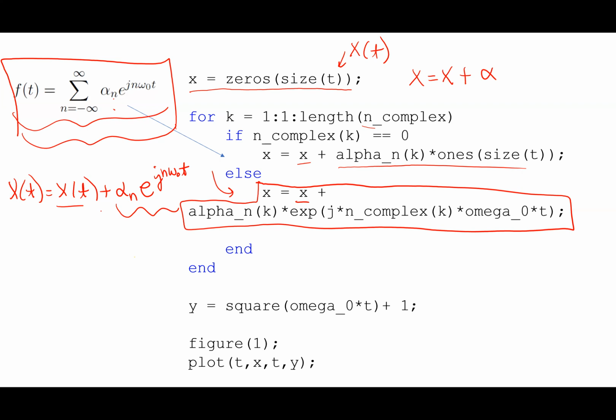And if I execute this code here, all right, I added a function here called square. That's a MATLAB function that will generate for me a square wave. And I'll see that they look similar, right? So what I called x, which was my approximation to the square wave, and the actual square wave will look pretty similar.